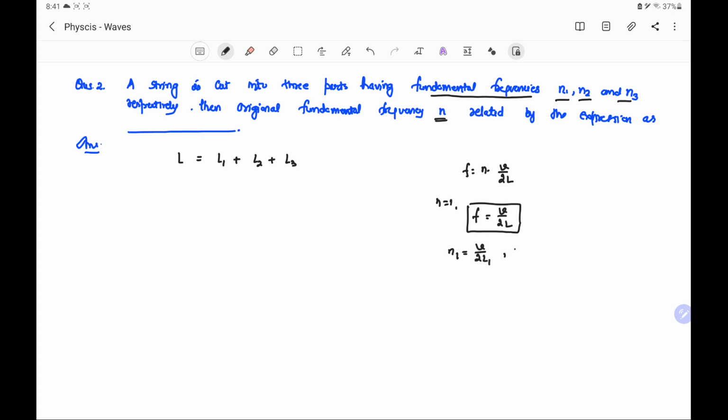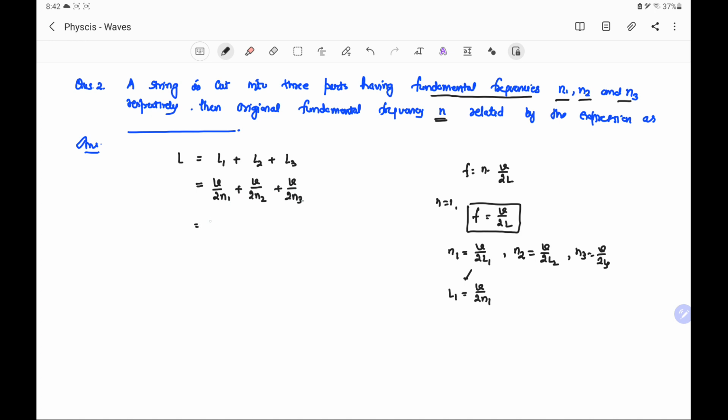Similarly, n2, the second fundamental frequency for length l2, is equal to v by 2l2, and n3 is equal to v by 2l3. Substituting, the value of l1 is v by 2n1. Similarly, for L2 we will write v by 2n2, and for L3, v by 2n3.